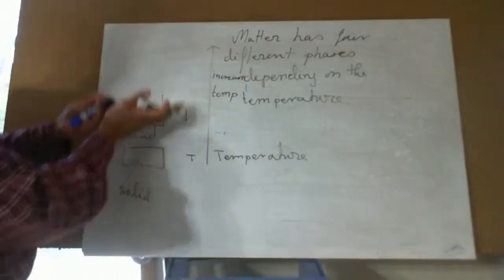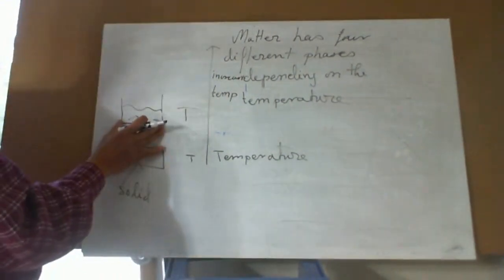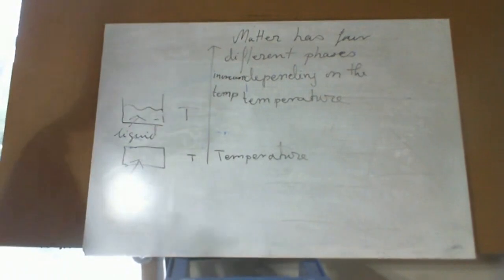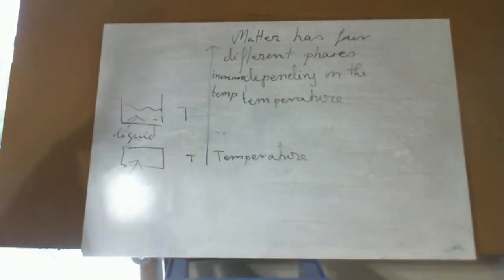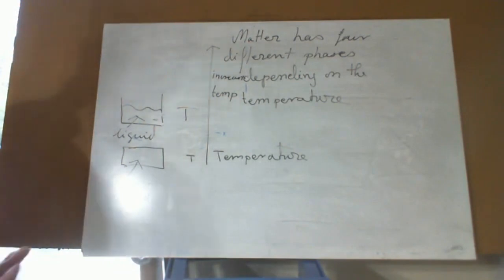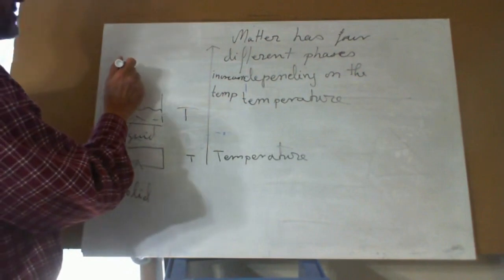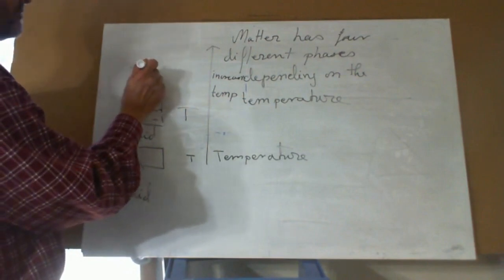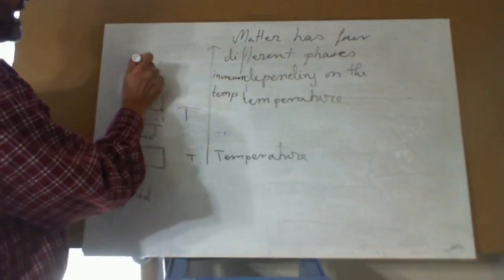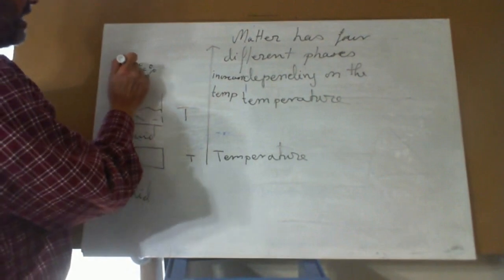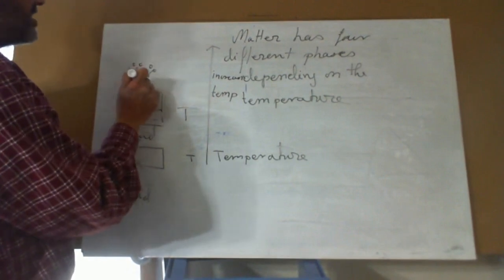Now, if you take the temperature even higher, for example water, if you take it to 100 degrees Celsius, or 373 degrees Kelvin, or 212 degrees Fahrenheit, it becomes a gas. Here, the gas molecules are far apart compared to their size.